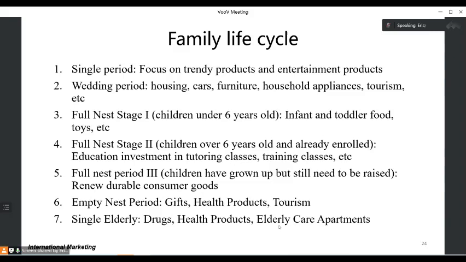Okay, it's about the family life cycle. If you know this as a company, you should know your target person. You should focus on your target market. Okay, this is about the family.